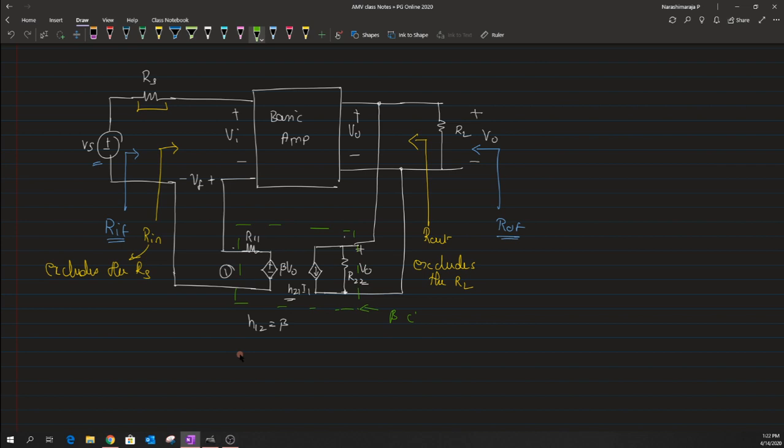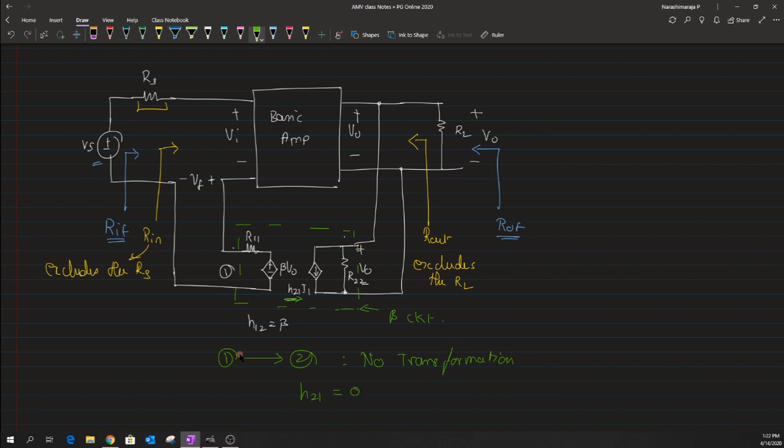Now, for this beta network, we will not consider this reverse transformation. That is, we will consider that there is no transformation happening from port number 1 to port number 2. So in order to have no transformation from port 1 to 2, we have to have this H21 equal to 0.